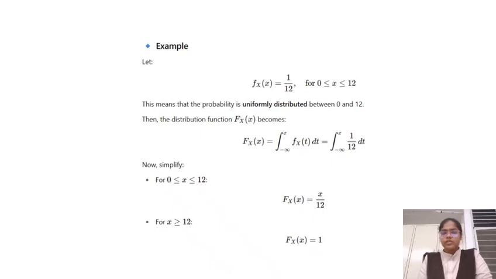F_X(x) is the integral from minus infinity to x of f_X(t) dt, which equals the integral from minus infinity to x of 1/12 dt. By simplifying the given problem, for 0 ≤ x ≤ 12, F_X(x) is x/12. For x ≥ 12, F_X(x) is 1.